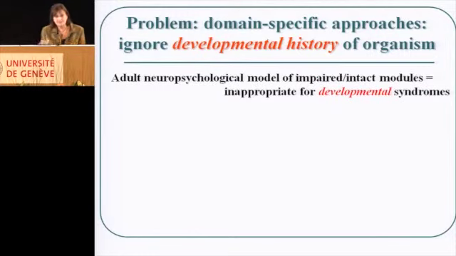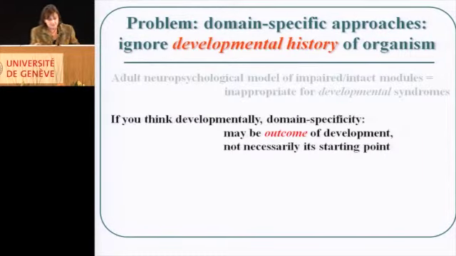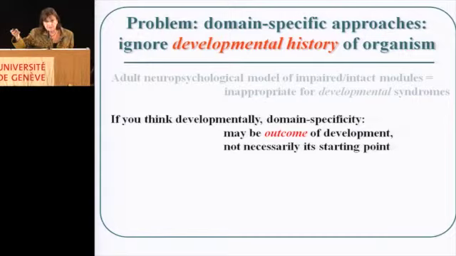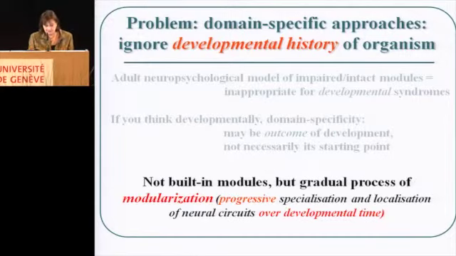And for me, the adult neuropsychological model is therefore completely inappropriate for developmental syndromes. And if you think developmentally, then you might accept domain specificity of the adult brain, but your notion would be that it might not start out that way. It might become domain specific over developmental time. So not necessarily the starting point, but maybe the end point of a developmental process with its developmental trajectory.